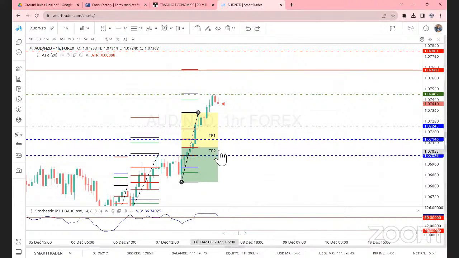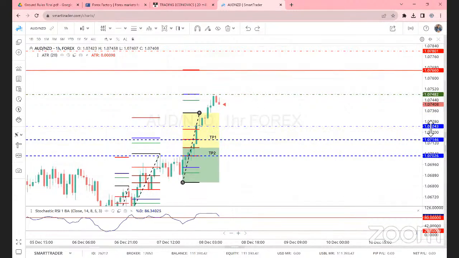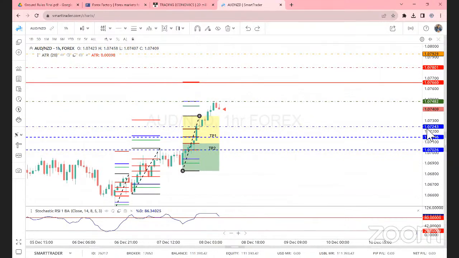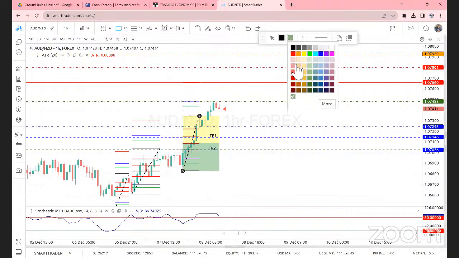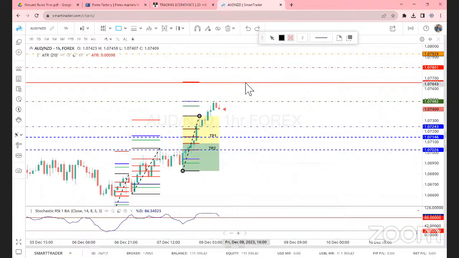See if we can get the bears to step in and take over from here. Any questions on that setup? Draw it up the same way, a little bit shy of that entry level, but that's okay.